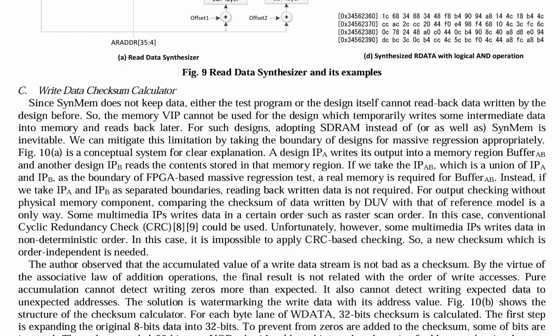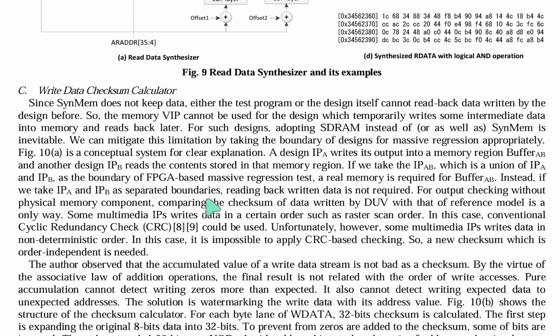If we take IPAB, which is a union of IPA and IPB, as the boundary of the FPGA-based massive regression test, a real memory is required for buffer AB. If we take IPA and IPB as separate boundaries, reading back written data is not required.